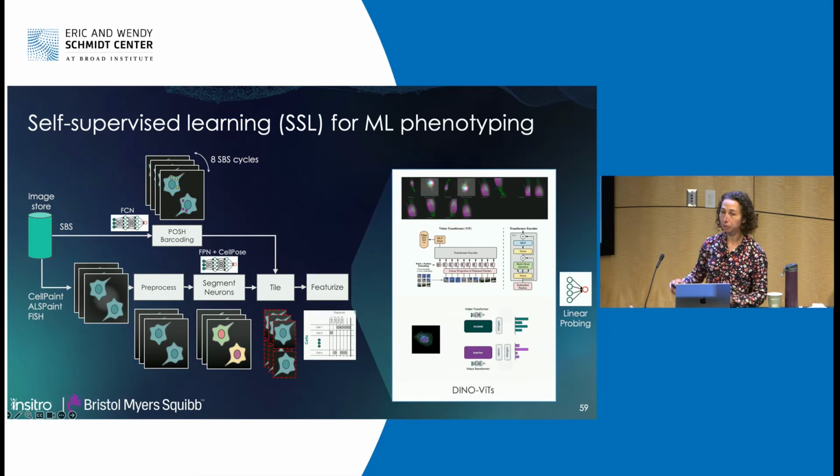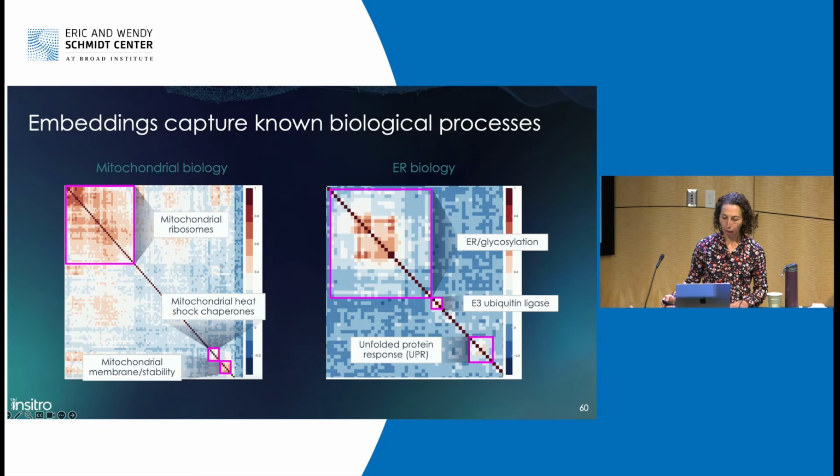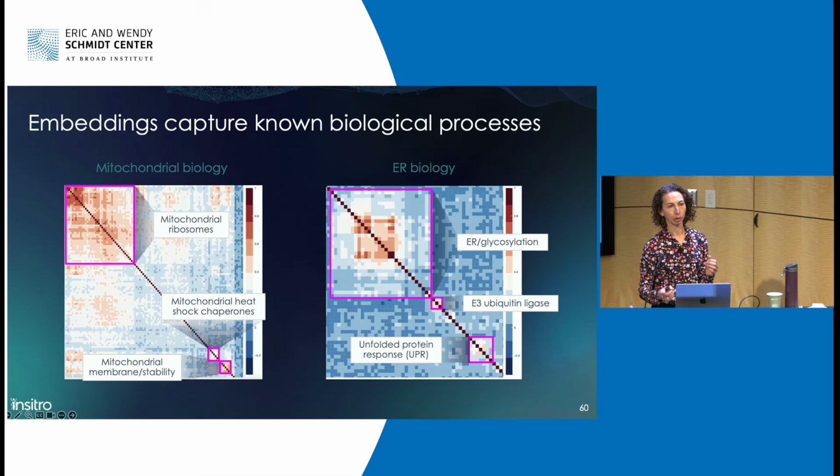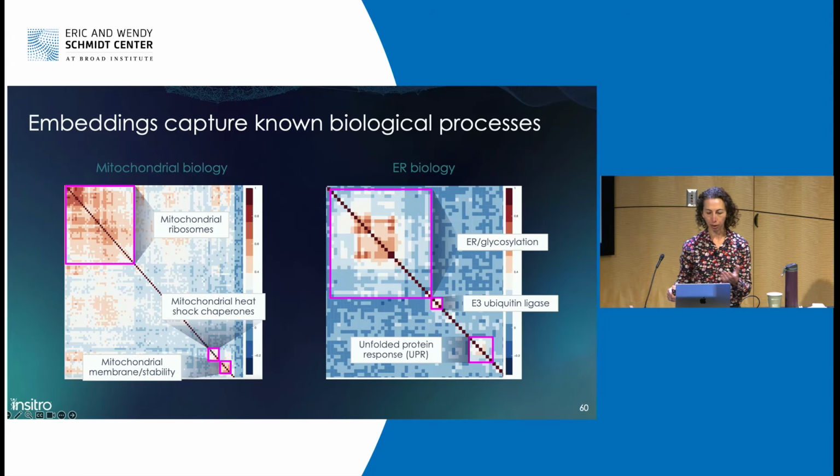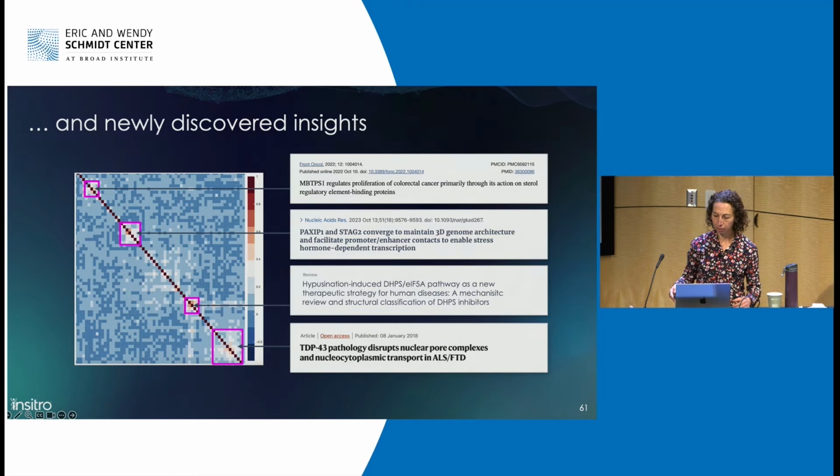So for example, for our imaging data, we can use a vision transformer as an example. And qualitatively, when we look at the embedding space, so here we're looking at cosine similarity of gene embeddings, what we see is this embedding space captures known biological processes across multiple different biologies. And importantly, also uncovers insights that were only discovered in the last few years.